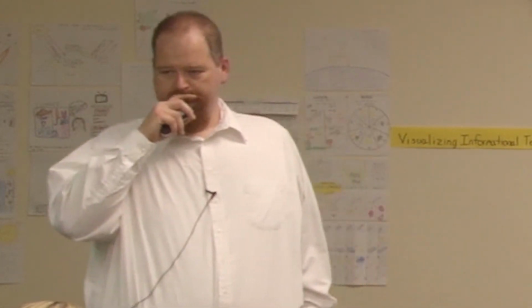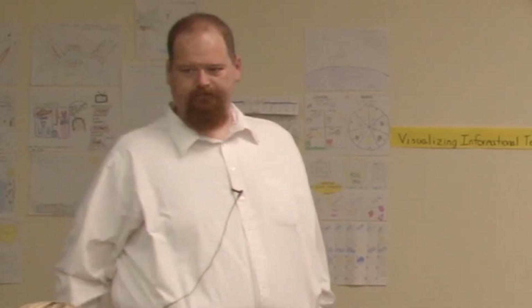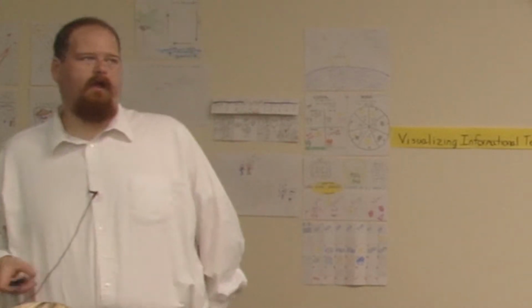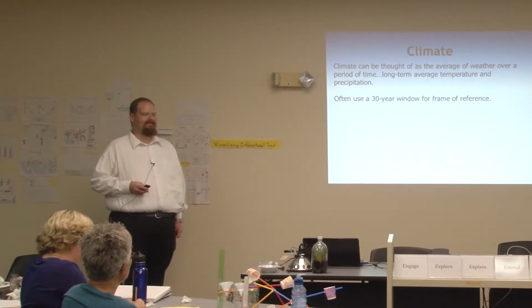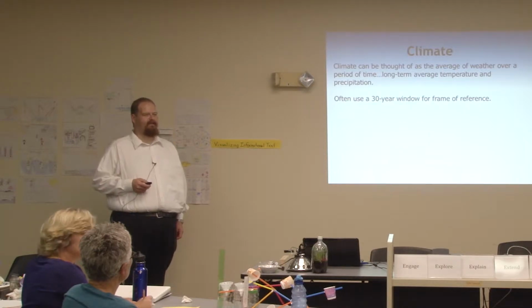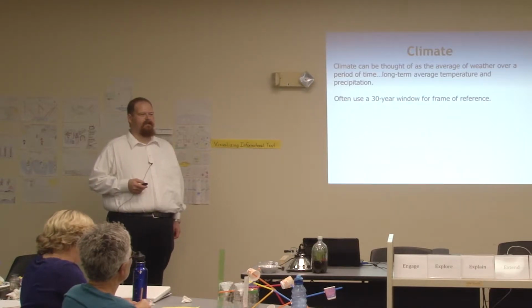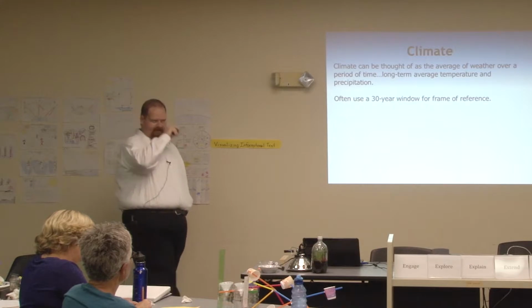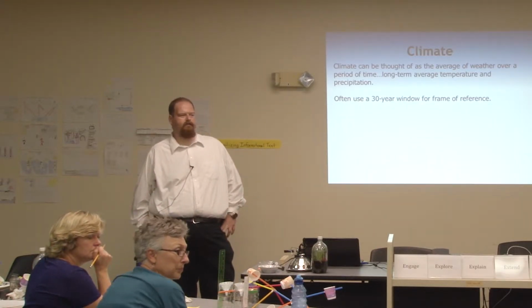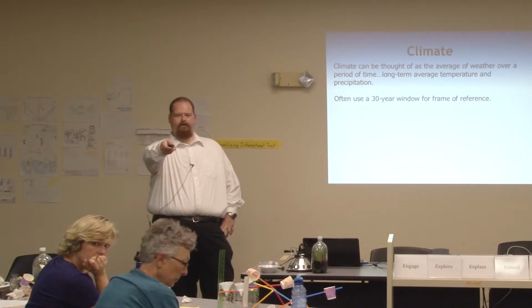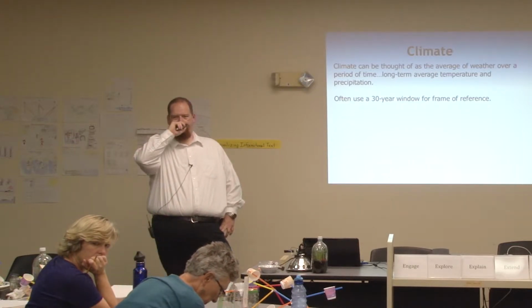Yes? Is there a significance to 30 years and why that's used? That's a very good question. Do you know the answer to that, Jason? I don't either. I mean, it was probably chosen at one point in time, but... Doesn't it have to do with solar maximums and solar minimums?